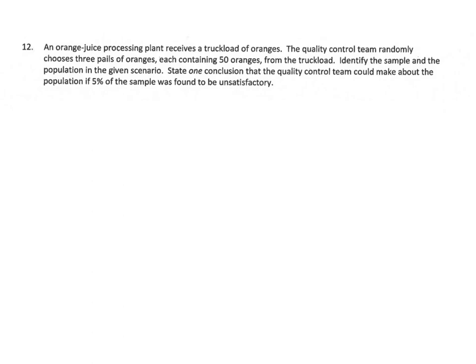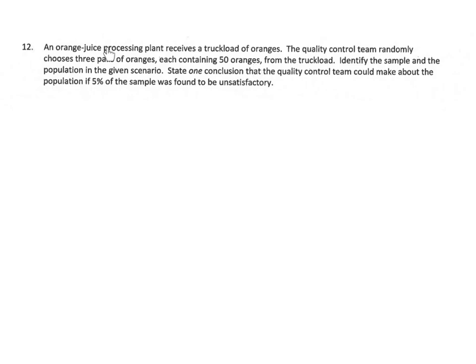Okay, so here, I'm going to start with the population. The population would be the entire truckload of oranges. Now, if the entire truckload of oranges was the population, then the sample would have to be the 3 pails, each containing 50 oranges.